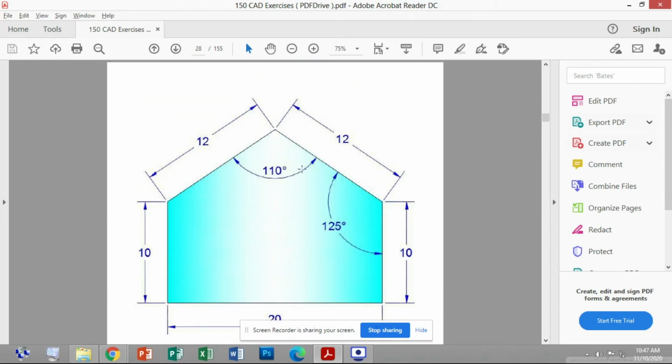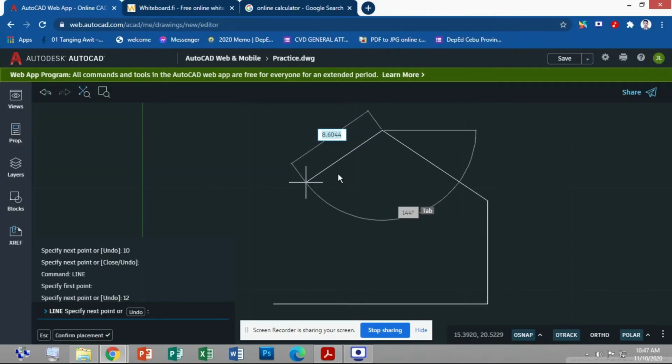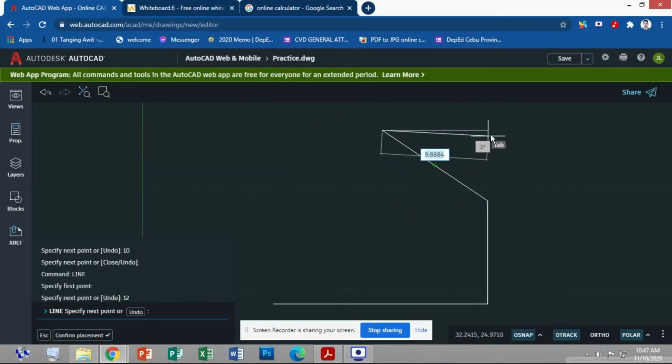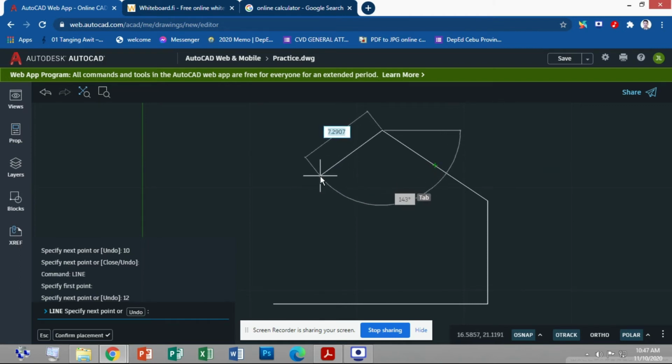Now, our next problem, between this 12 units na side, there is actually an inclusive angle of 110. Okay, so here in AutoCAD, again, the angle is naka-base dito. So, ano ngayon yung i-input natin dito sa angle natin para makuha natin si 110 degrees?